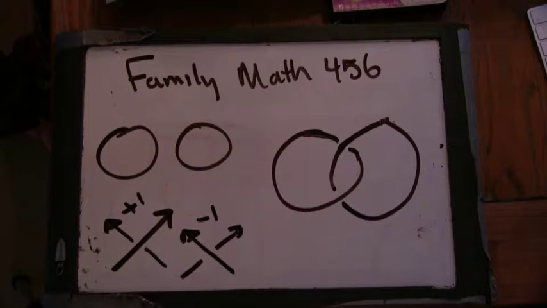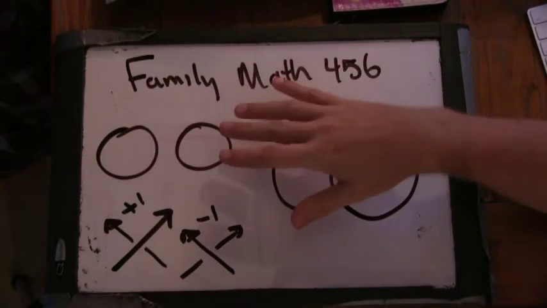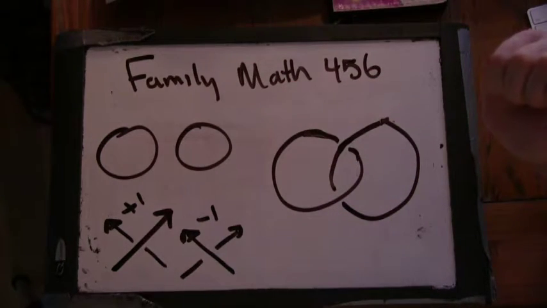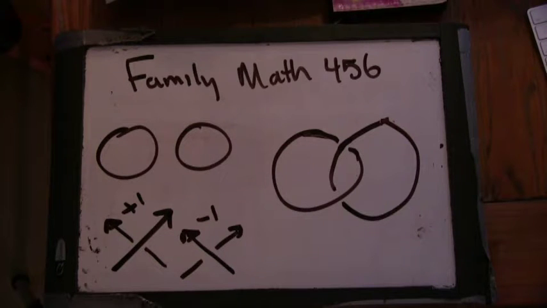Every time we have a crossing, we can add up whether we're +1, +2, +3, whatever the number is. And if the numbers for two different shapes are different, then the shapes are actually different.